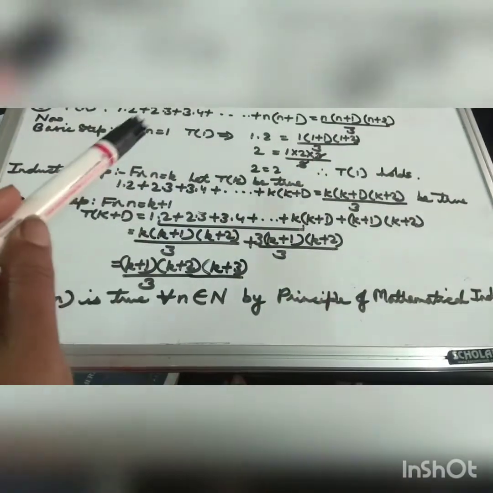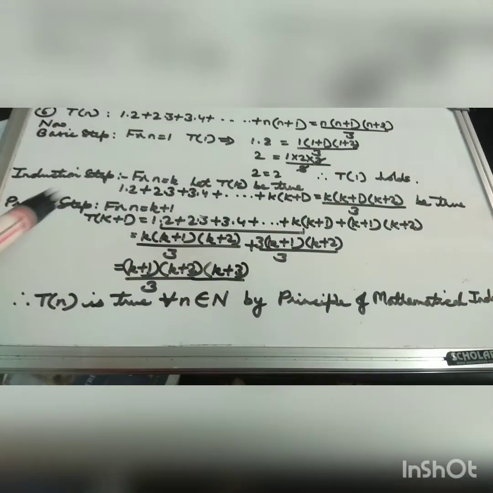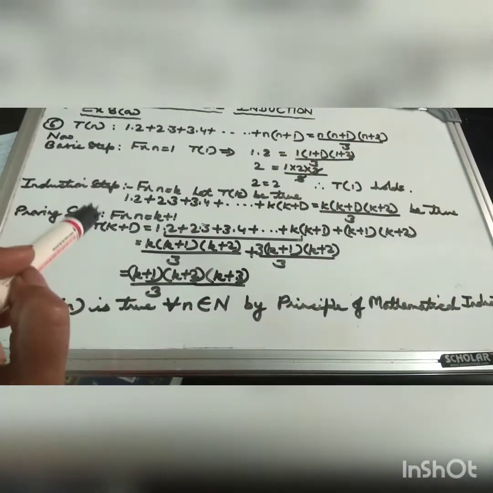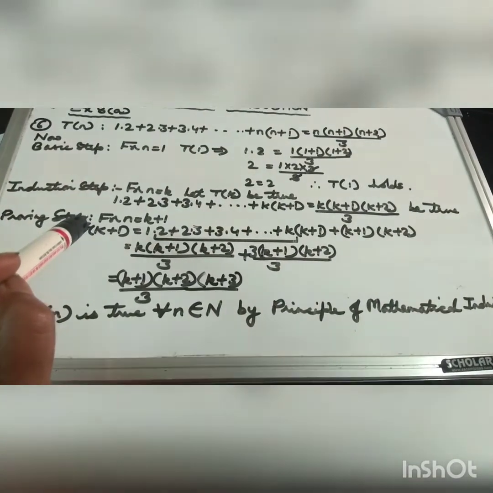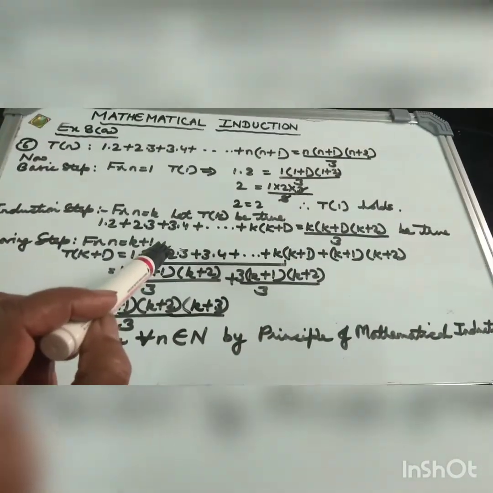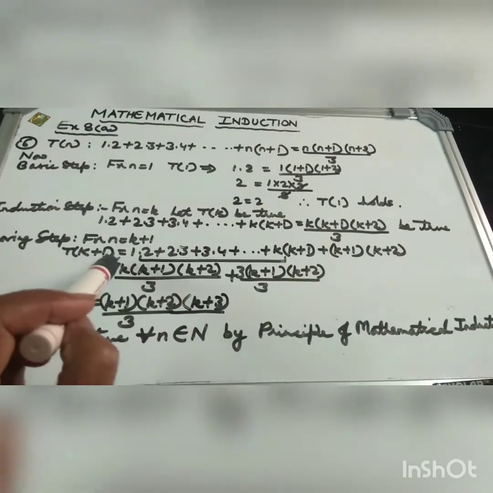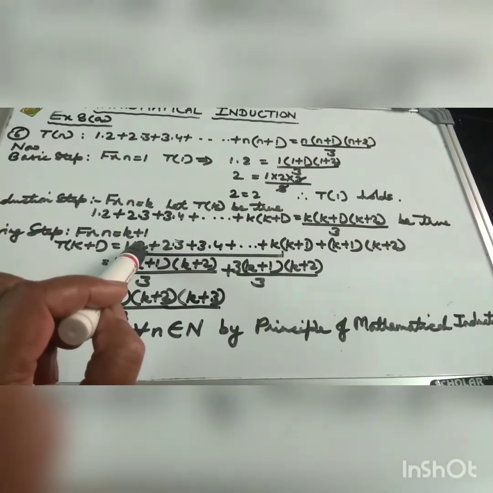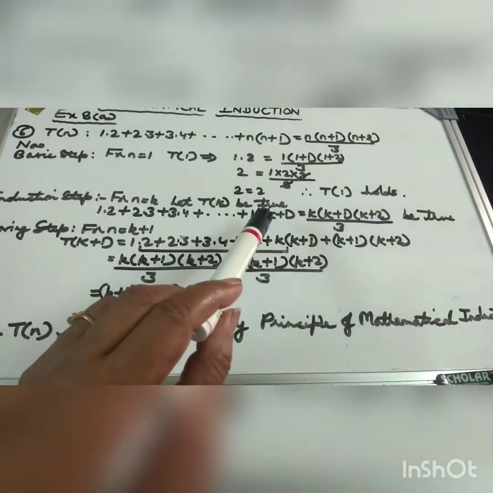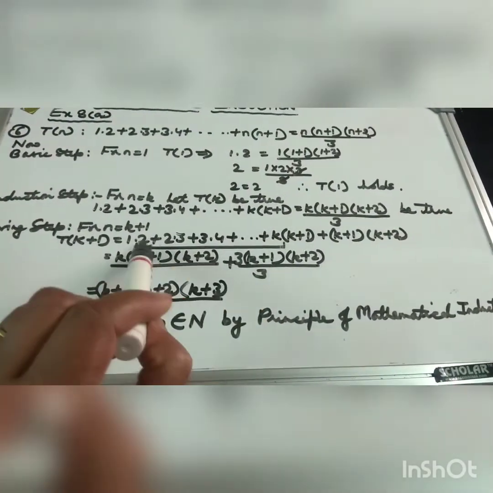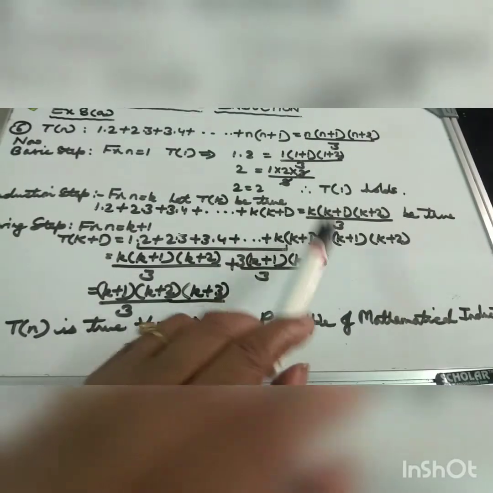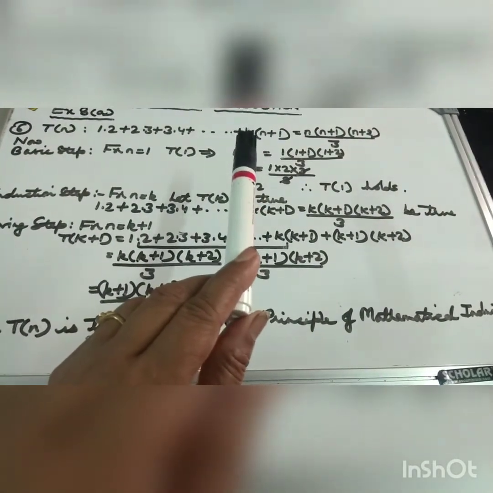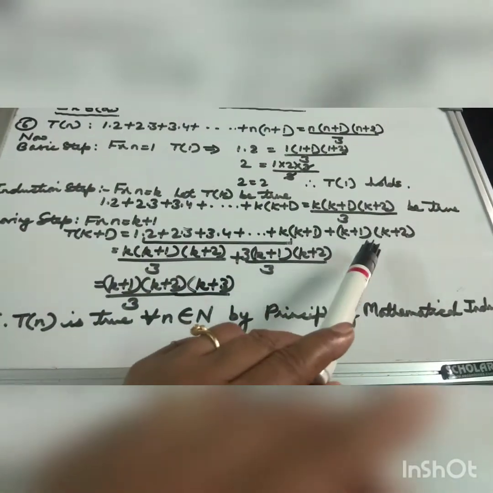Now we'll make use of these two steps and prove the last step, that is called the proving step, for n equals k plus 1. Now for n equals k plus 1, T of k plus 1 will be: the first k terms I have already written here, so I'll be writing one and the same, plus, now in place of n put k plus 1, that will be the k plus 1th term.